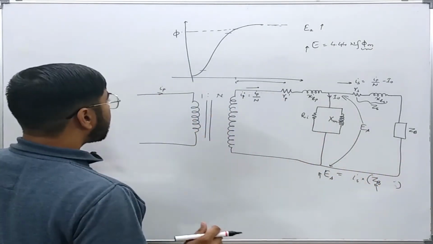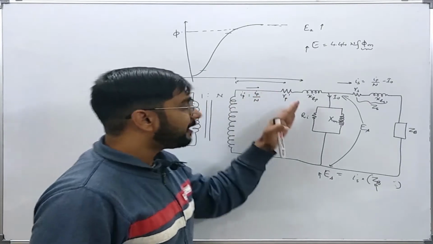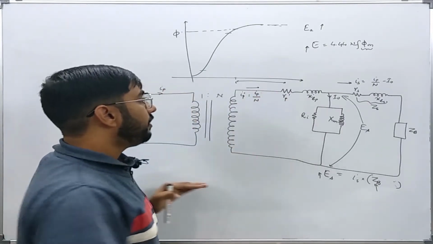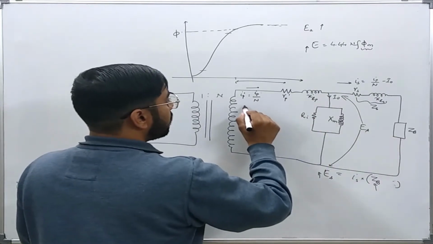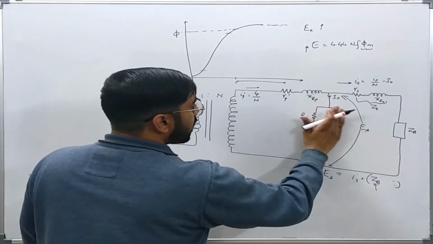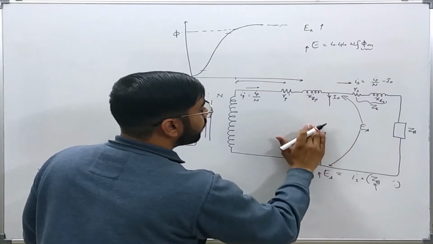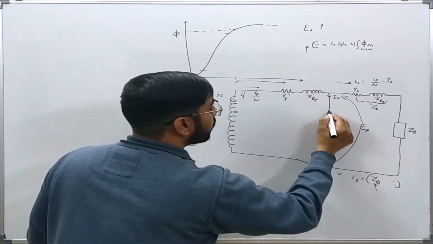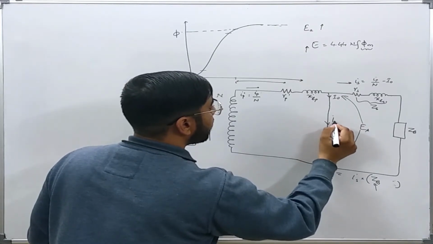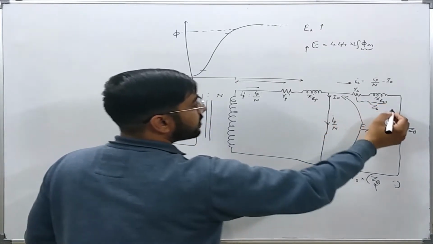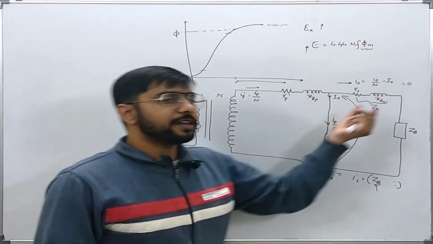So any current which is flowing into the primary, which is referred now to the secondary side, will just go for the excitation part. That is, this branch will now act as a short circuit, and it is equal to IP over N, and this current will be now equal to 0, or it will be very small.